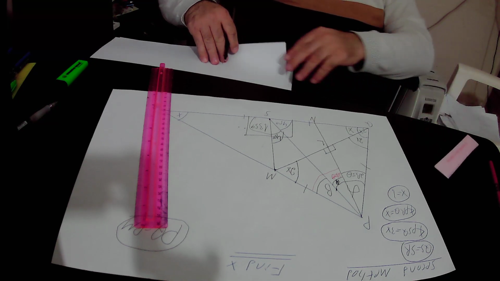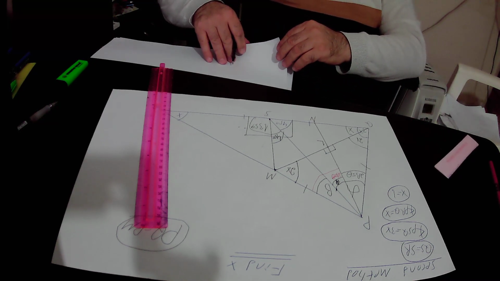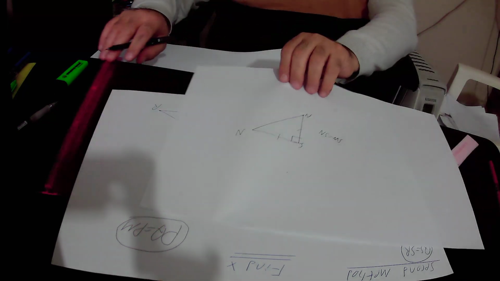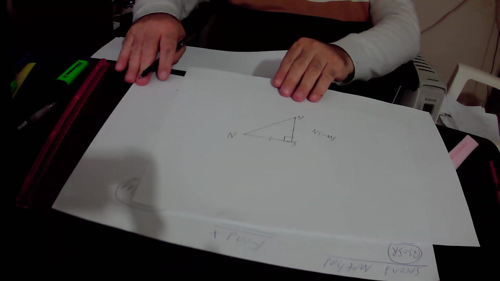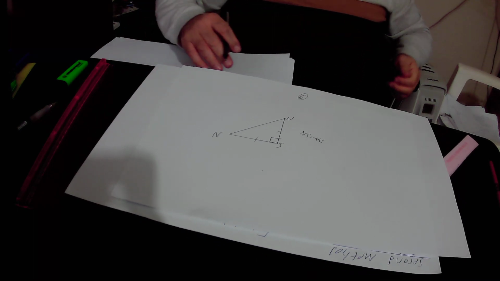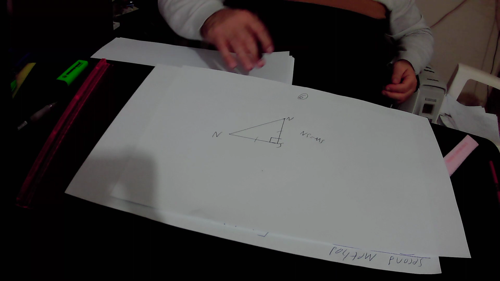So I draw the right triangle NSM together by a straight line. I draw triangle NSM in a new page.